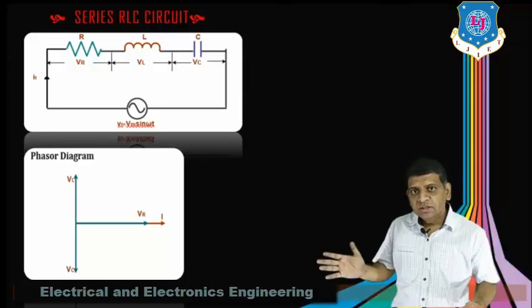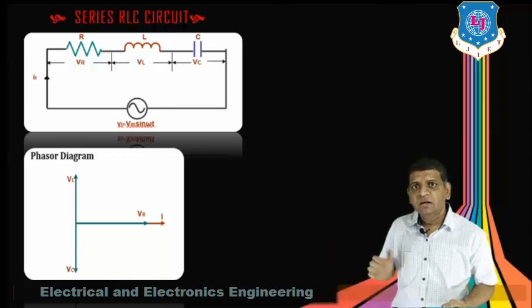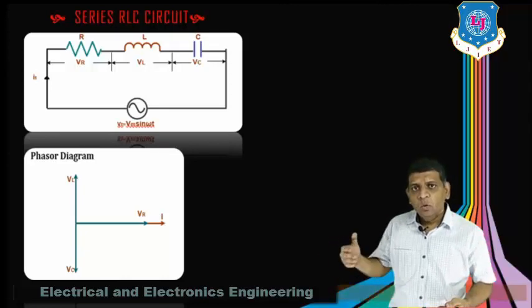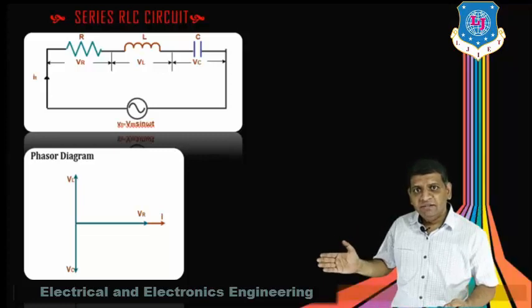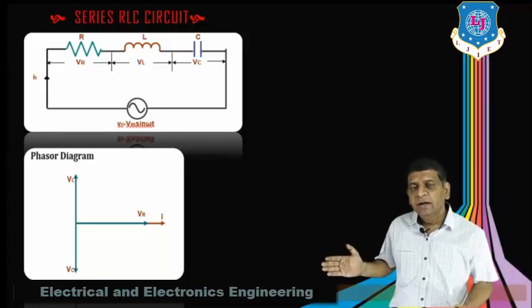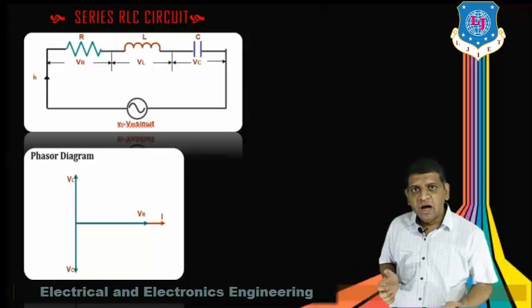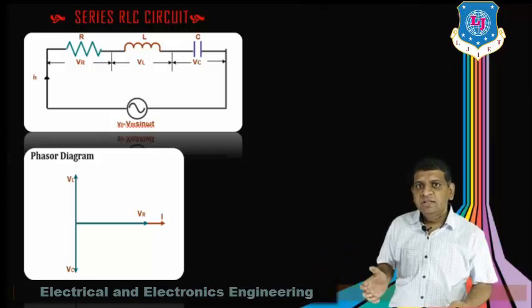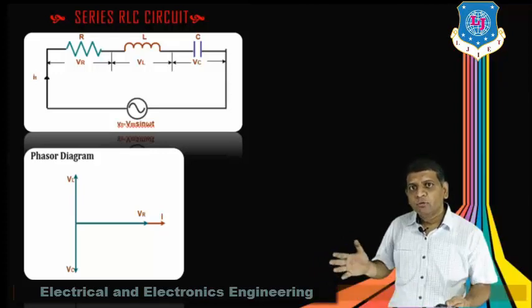Throughout this phasor diagram, you can see one vector which is the current vector, and along the same vector you will find the vector VR. But VC and VL are both in opposite directions.